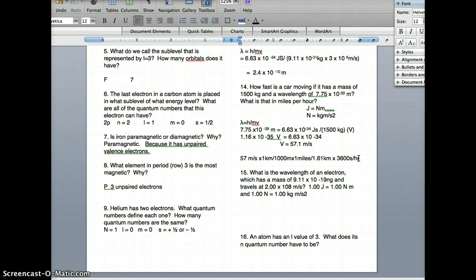Then I'm going to divide that by the things that are on the bottom. 1,000 is on the bottom, and 1.61 is on the bottom. So I get 127 miles per hour. Or, once again, per sig figs, 130.